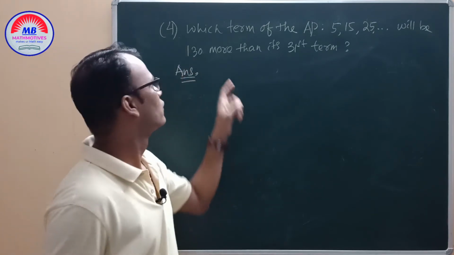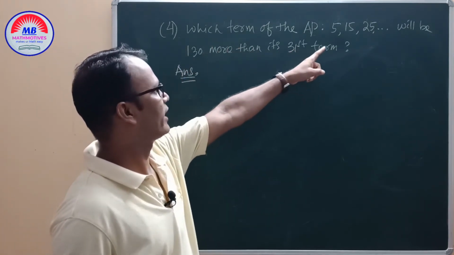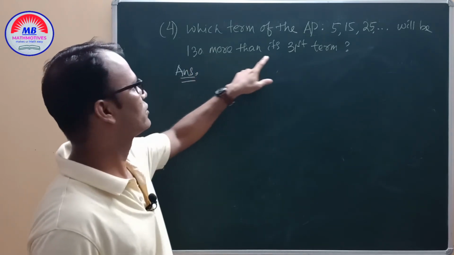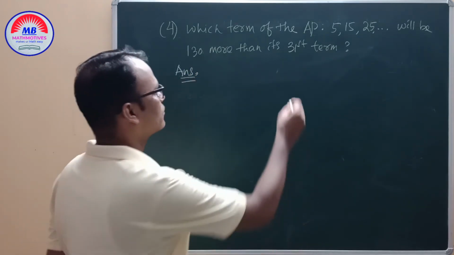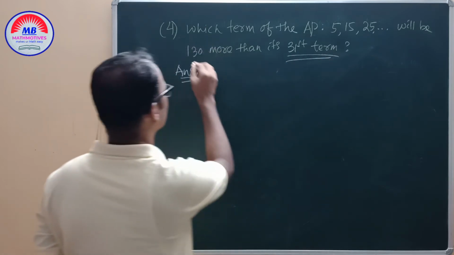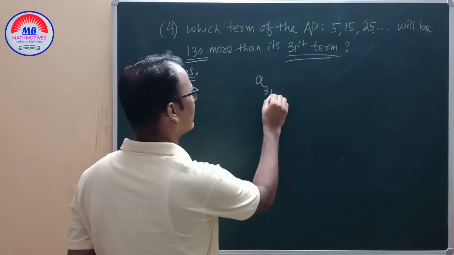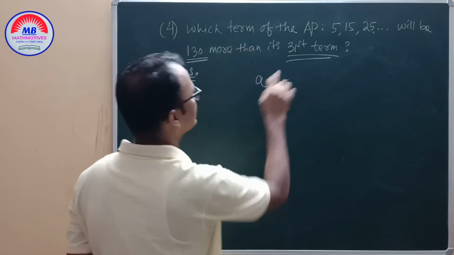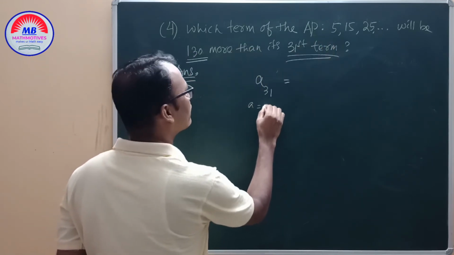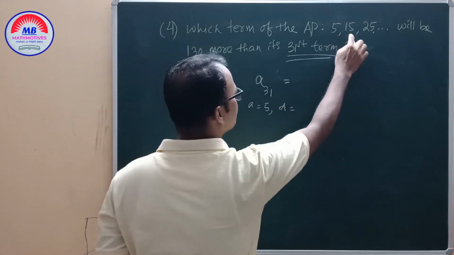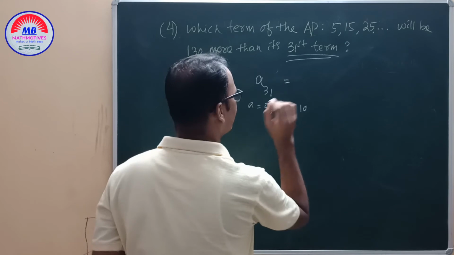Question number 4. Which term of the AP 5, 15, 25 will be 130 more than its 31st term? So first we find a31. Here you see a equal to 5. d equal to 15 minus 5 or 25 minus 15, that is 10.